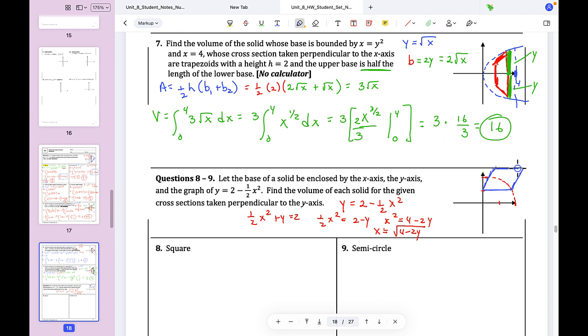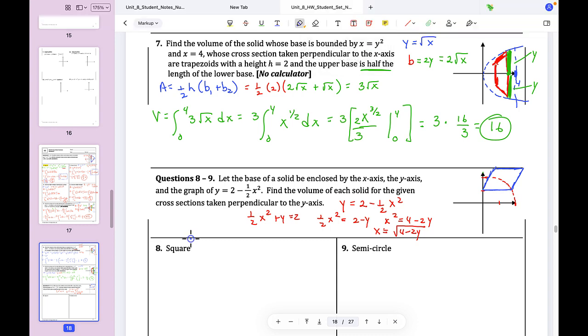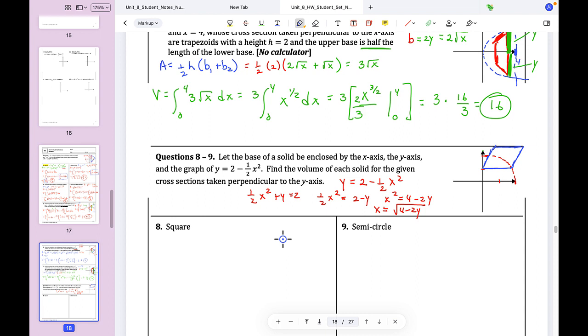The area of a square is side squared, or in this case, when we're talking about volumes with cross sections, we're talking about the base squared.